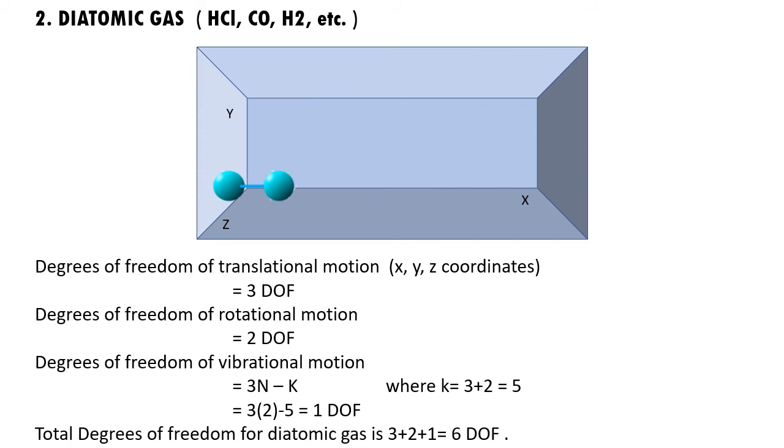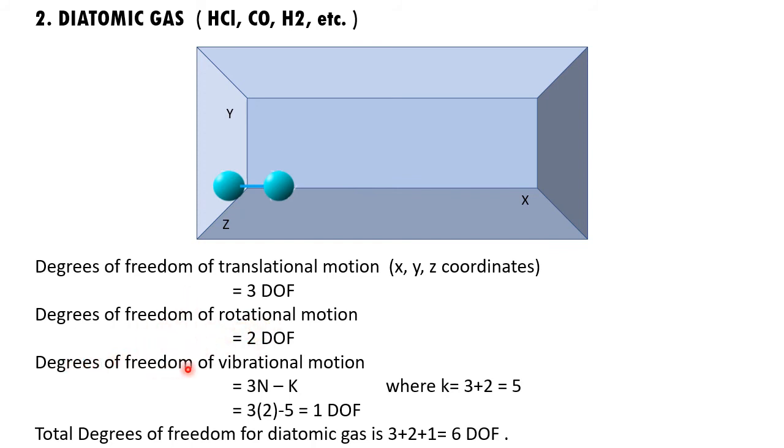If we place this diatomic molecule on the x-axis, it can rotate along the z-axis and y-axis, but not on the x-axis because its moment of inertia about the x-axis is 0 because it is present on the axis. So that means it has 2 degrees of freedom of rotation motion.